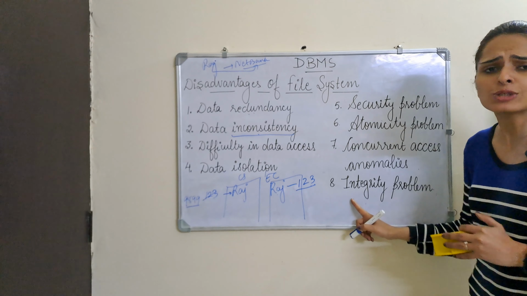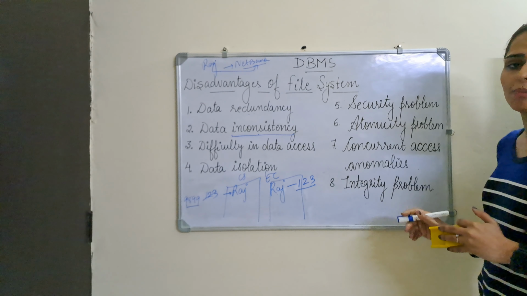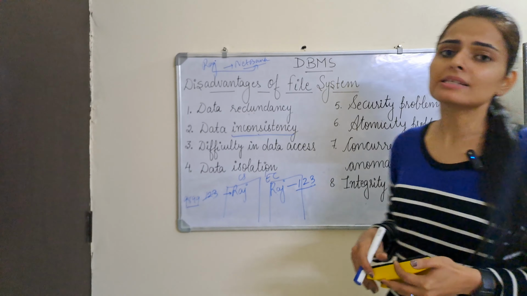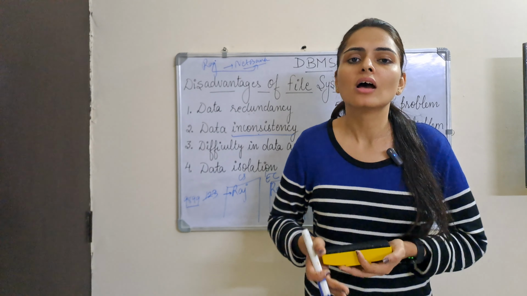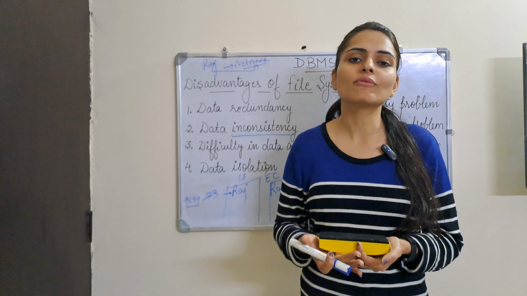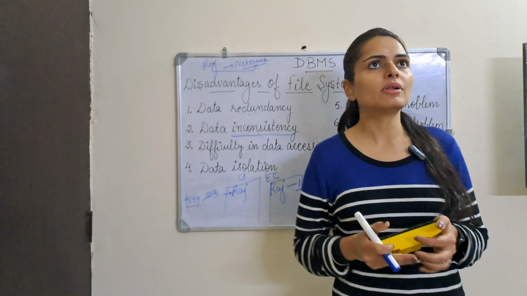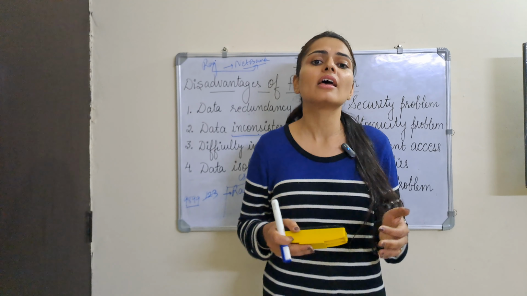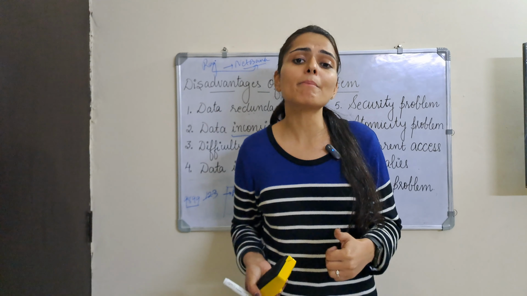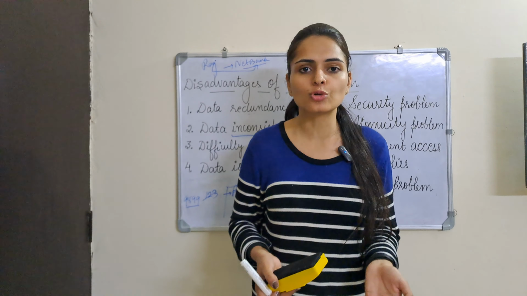Now, the next problem is the integrity problem. Integrity problem means there are so many rules that we sometimes have to apply to the records or data that we are storing. For example, one such rule that banks impose is that the minimum balance in our account should be, say, 1,000 rupees.